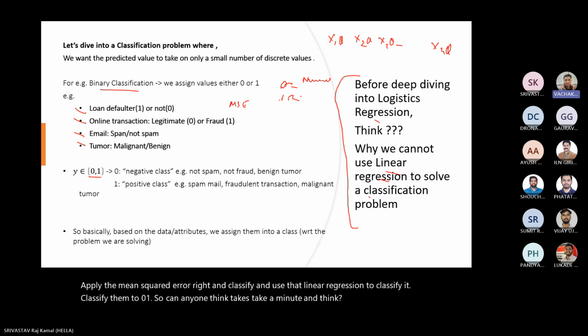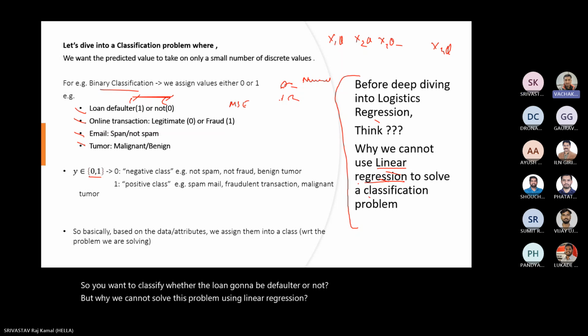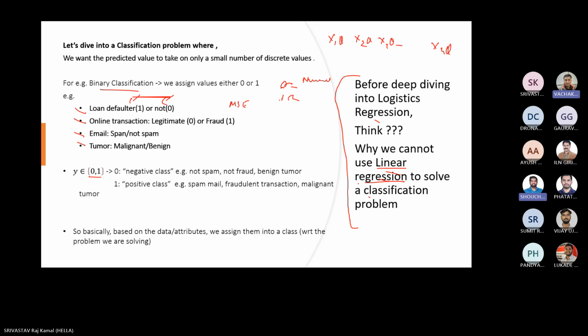Sorry, I didn't get your question. So you want to classify whether the loan applicant is going to be a defaulter or not, but why can we not solve this problem using linear regression? In linear regression we try to find the minima, so that it would be closer to zero, but here we want to look at the one value.